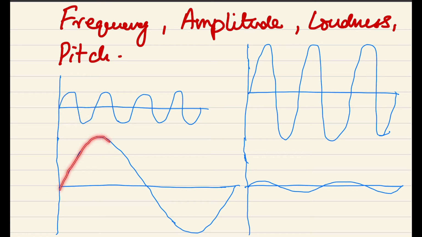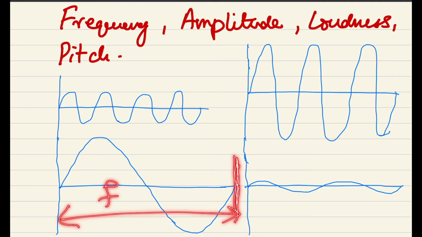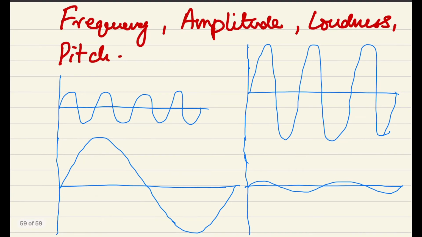From 0 to positive maximum, back to 0, towards negative maximum, back to 0. Now this has taken more time. So since this has taken more time, it has less frequency, and this cycle has taken less time, so it has more frequency. So that's the only difference. That's how we compare the cycles of different waves.